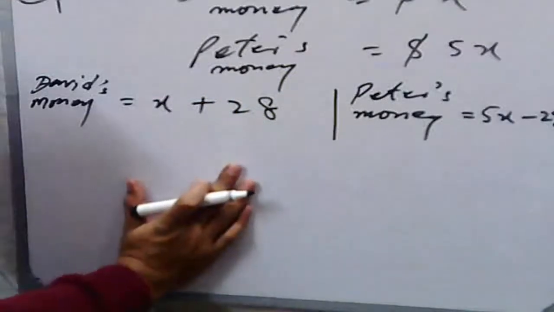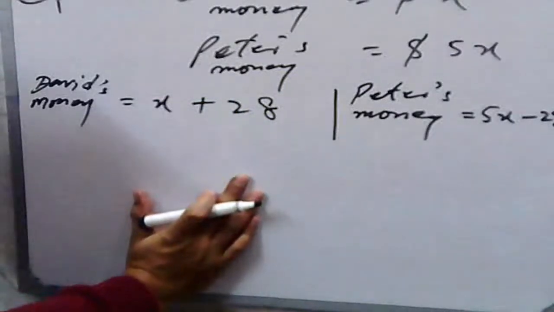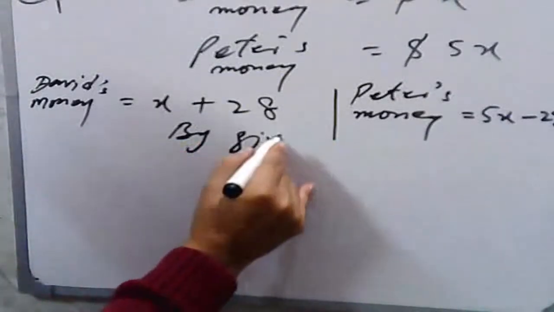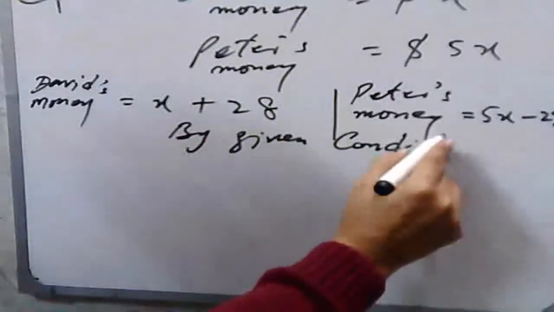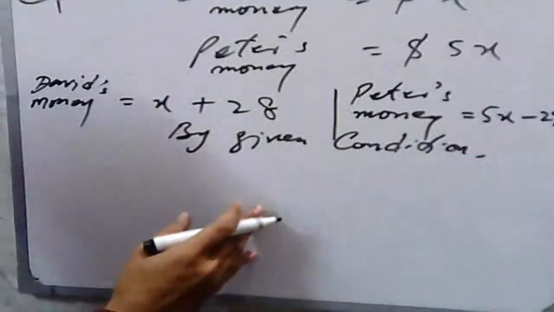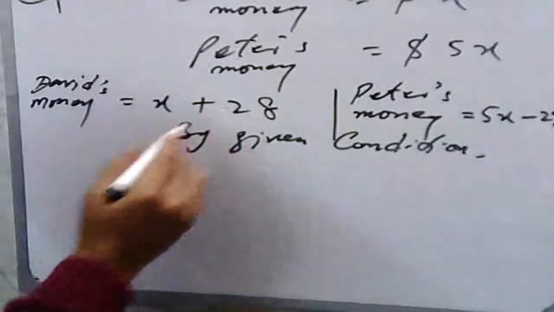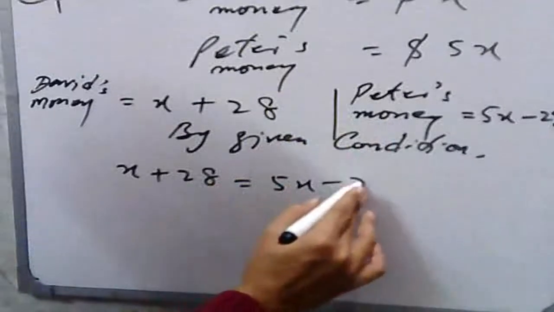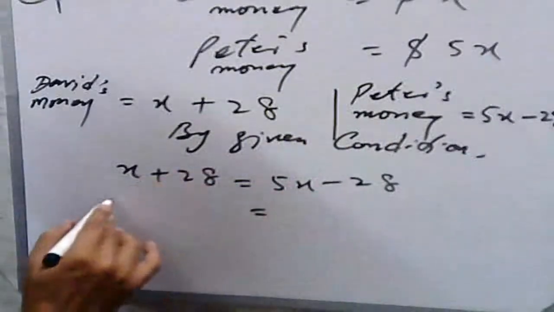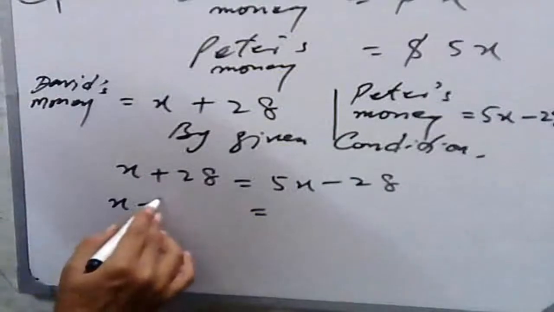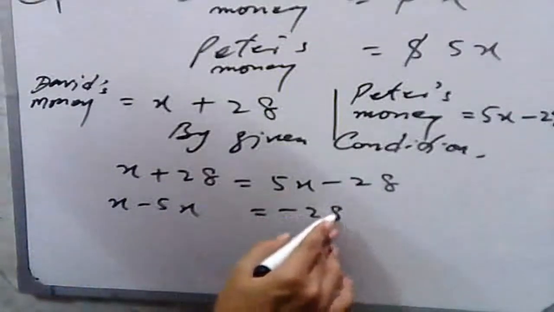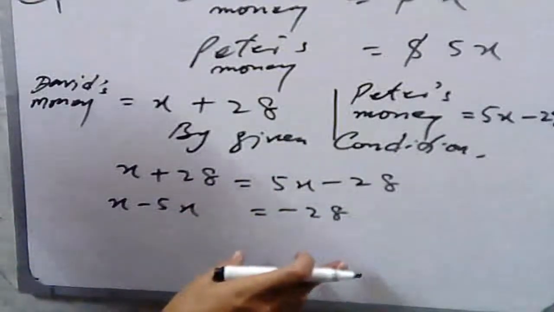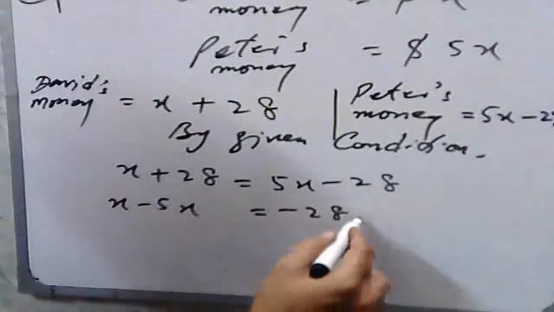Now if we further read the statement, both of them will have equal amounts of money. So by the given condition, equal amounts of money means both are equal. So put David's x plus 28 equal to Peter's 5x minus 28. Now similar terms will be shifted to one side, that is minus x, and the constants should be shifted to the other side, so you will get minus 28.